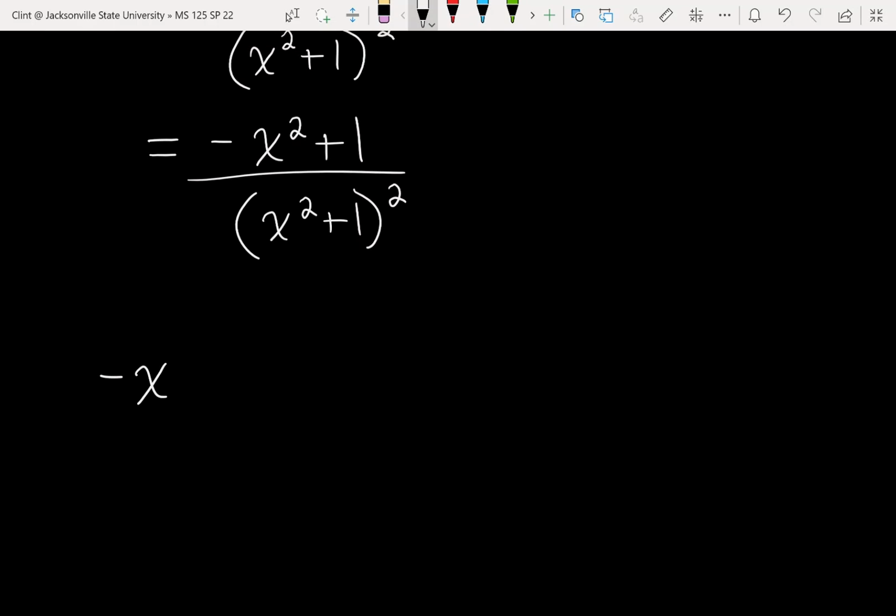So all we need to know is when negative x squared plus 1 equals 0. And because of the way our signs are, I'm going to add x squared to both sides.